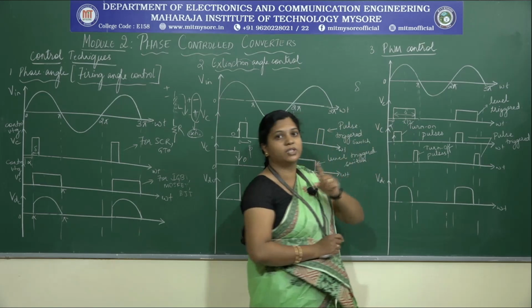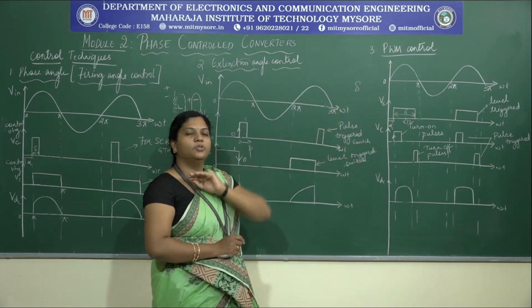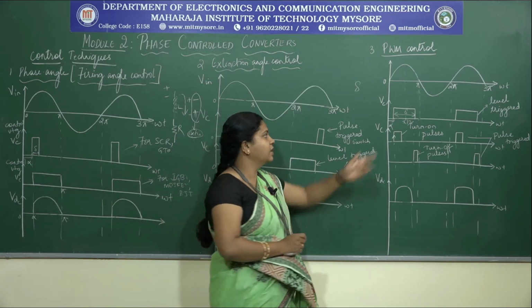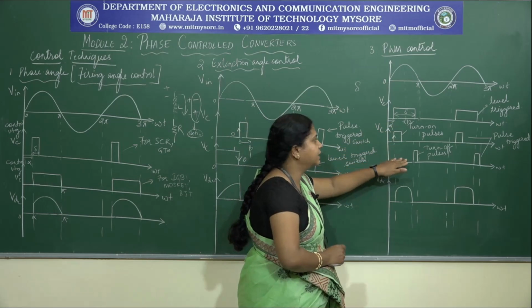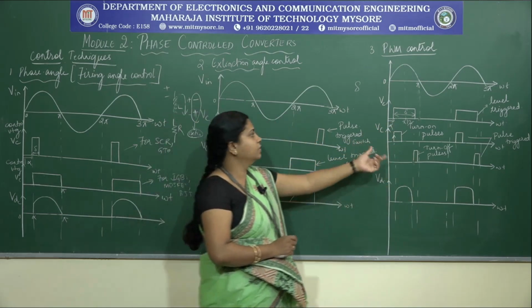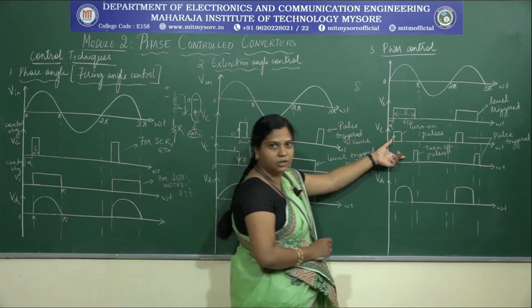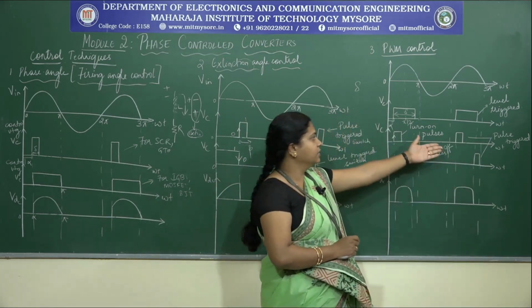So when you are using a pulse triggered switch for a PWM control, you should use two different signals. One set of signals should be for the turn on purpose, and the other set should be for the turn off pulse. The combination of these two is the pulse triggered signal.